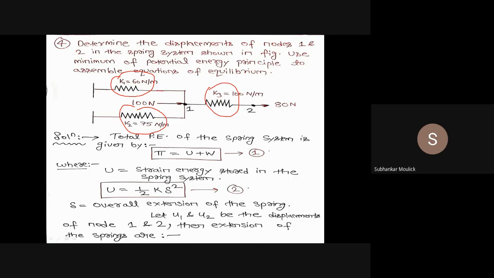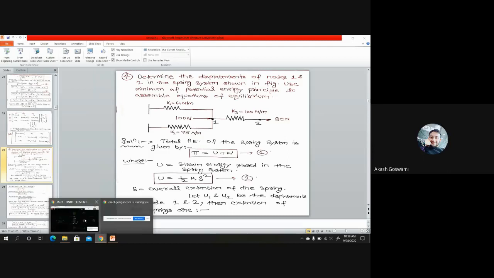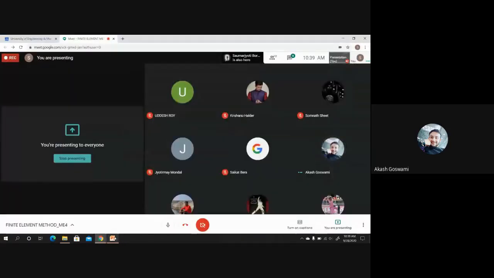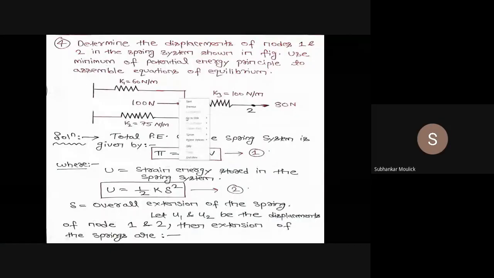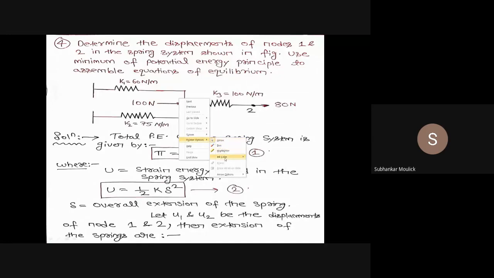Can anyone tell me how many nodes are present in the problem? Technically, there are a total of 4 nodes, 1, 2, 3, 4, but I will not take these 2 nodes into account.